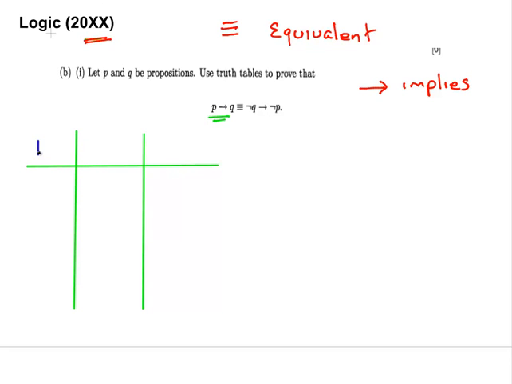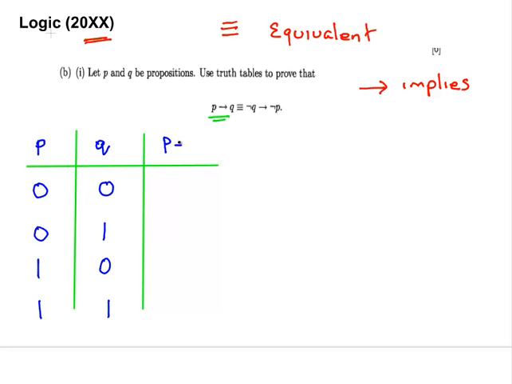Okay, so P and Q, and start off with 0, 1, 0, 1. Set up your truth table in the usual way. Start from the right-hand side and work left, and alternate between zeros and ones every step here, and then every double, 2 zeros, then 2 ones, and so on.